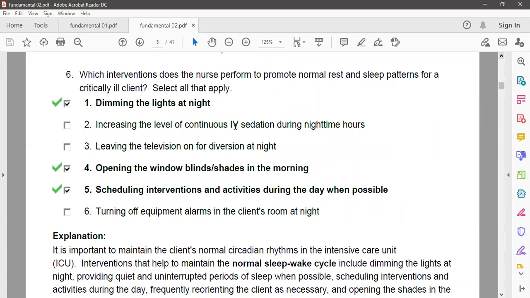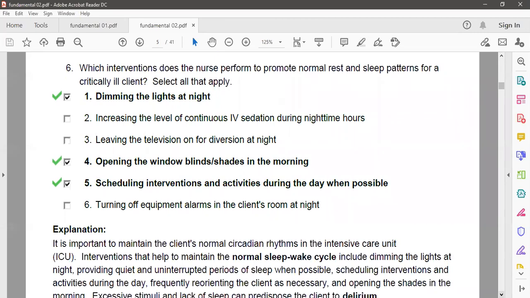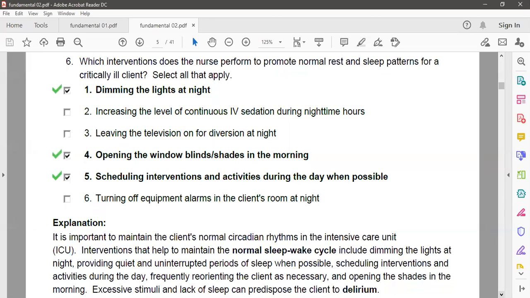Leaving the television on, no, because sound disturbs the patient's sleep. Opening the window, okay, it is a good choice, and also shades for the morning for good adjustment. Especially the ill patient is always waiting for when morning will come. They're waiting for the sunrise. Schedule the interventions and activities.